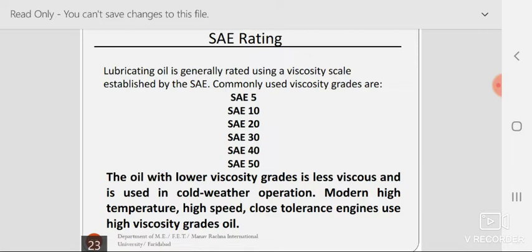So it's very important to use a higher viscosity oil in modern engines, because modern engines are high operating temperature engines because of high speed, high pickup and all these facilities.